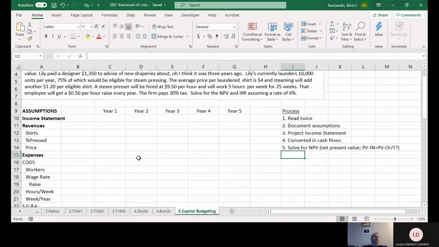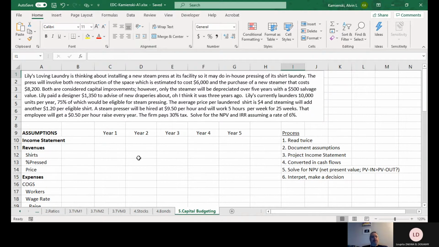If you keep a simple concept in mind, if Lupita had to hand $1 to me in order to be able to receive $2 back, the present value of her cash flows in are greater than the present value of her cash flows out. She would clearly trade me $1 for 2. So after we do that, then we can interpret what that means and make a decision.